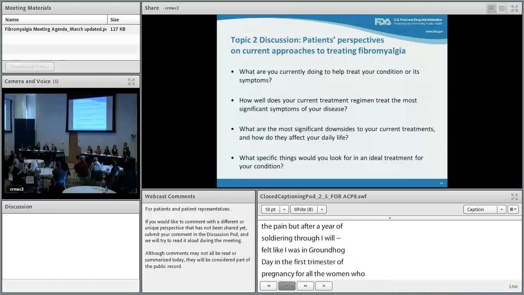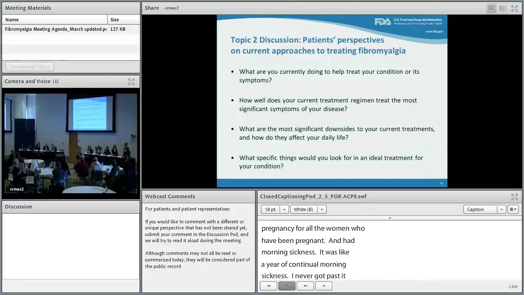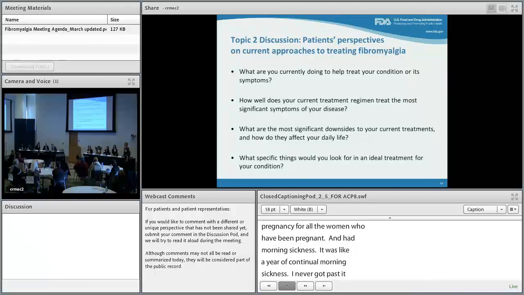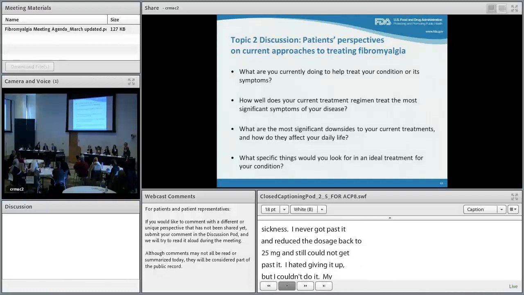For all the women who have been pregnant and had morning sickness, it was like a year of continual morning sickness. I never got past it. I reduced the dosage back to, I think, 25 milligrams, still couldn't get past it. And I hated giving it up, but I couldn't do it.